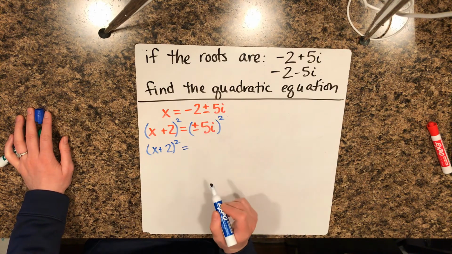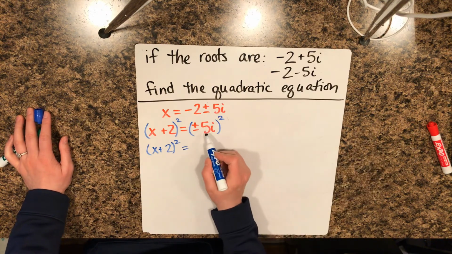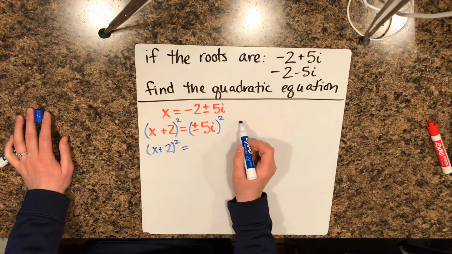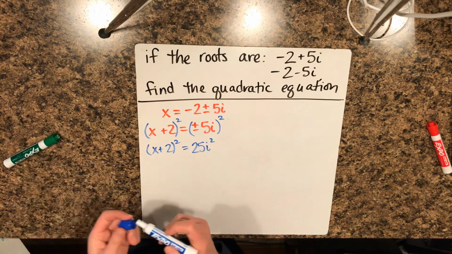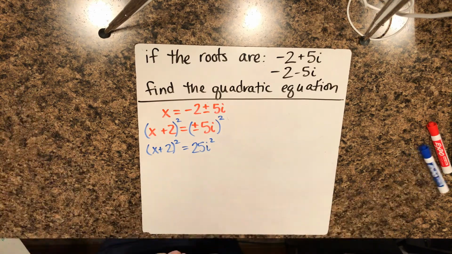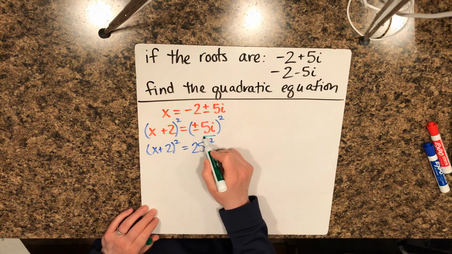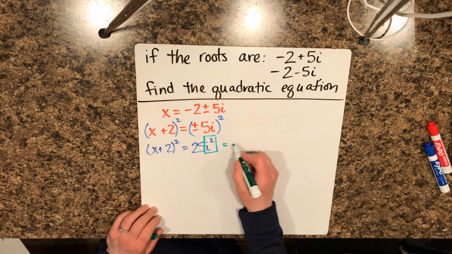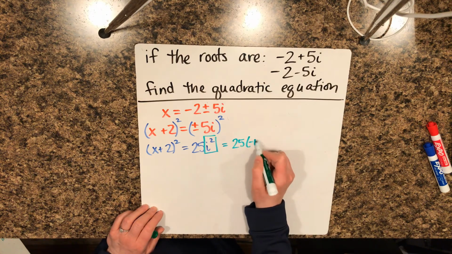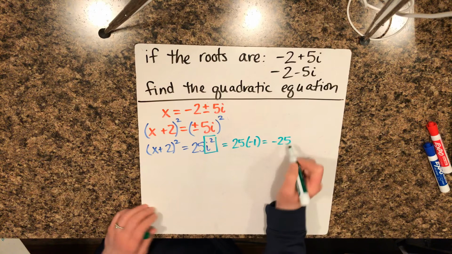When I square a negative, it's positive, so to speak. But 5i times 5i is 25i squared. And we now should know, anytime you see i squared, we can't leave it as i squared. It really represents -1. So this side is really 25 times -1, or -25.